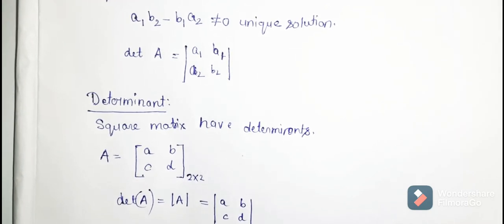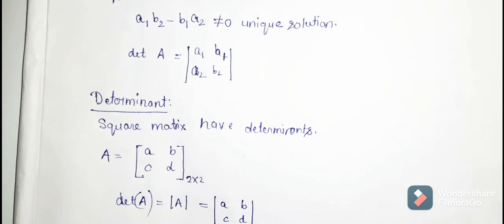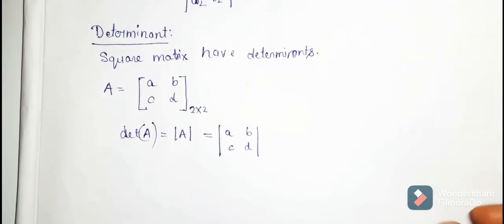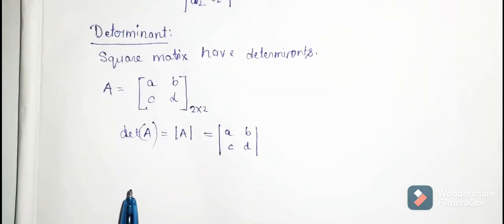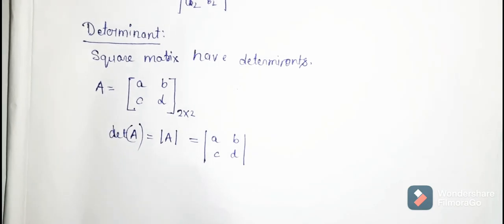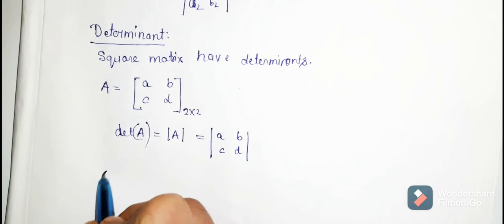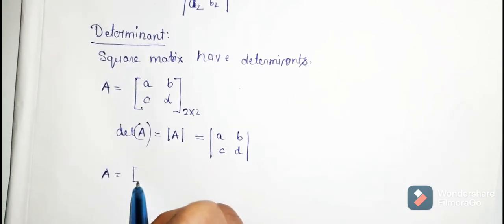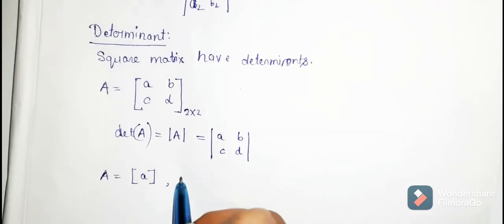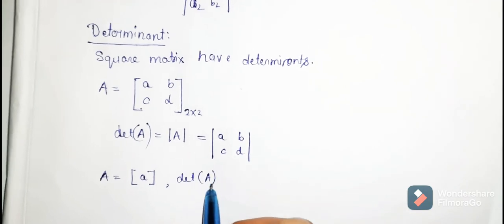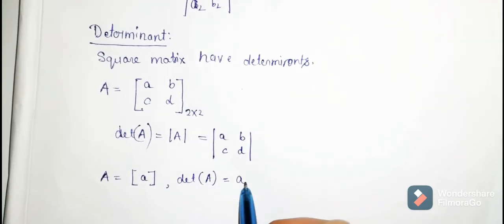And how can we find out the determinant? Determinant of a matrix of order 1, which has only one element: if a matrix A has only one element, suppose a, then its determinant will be a itself.